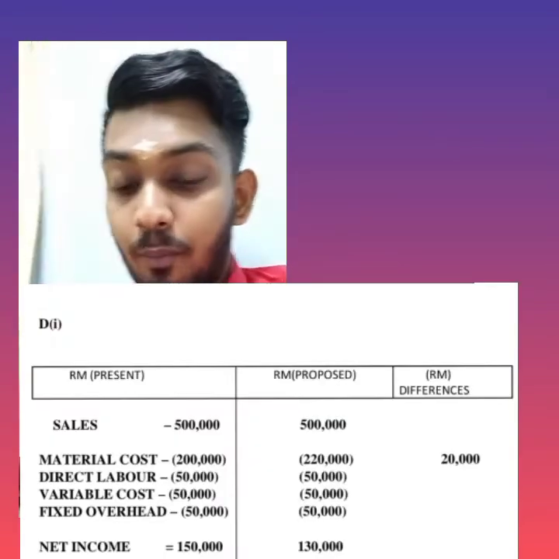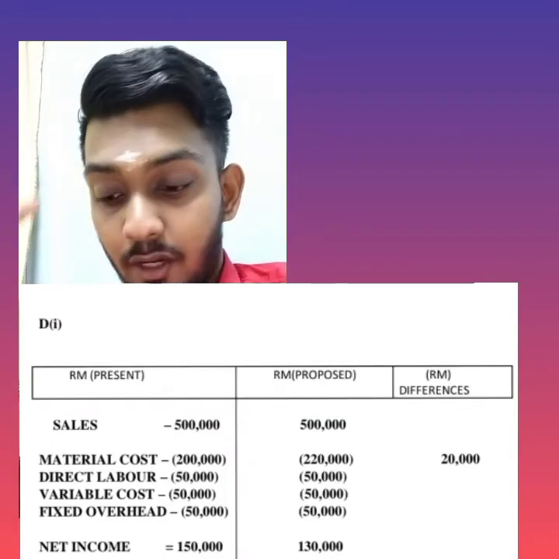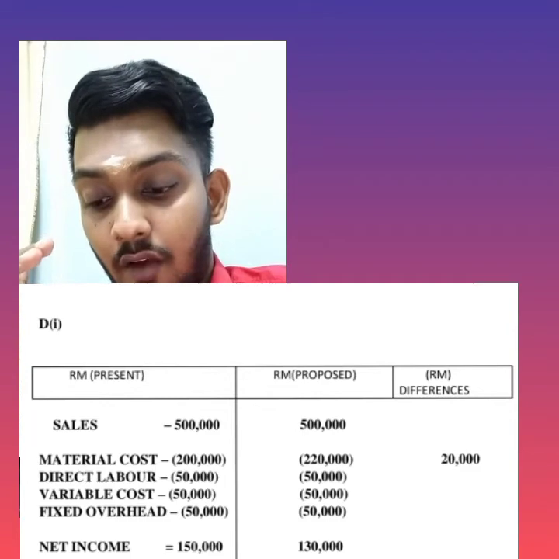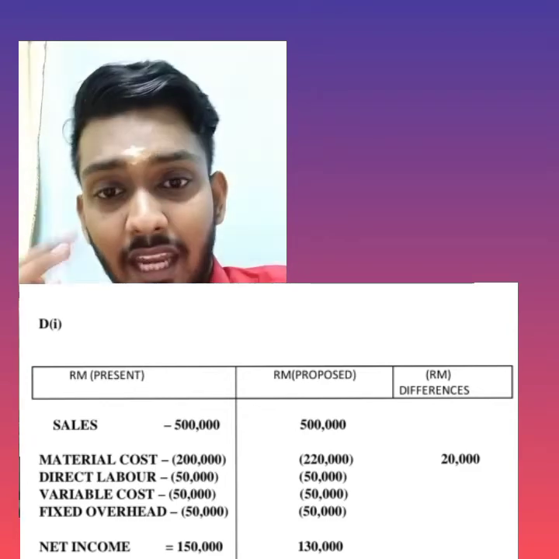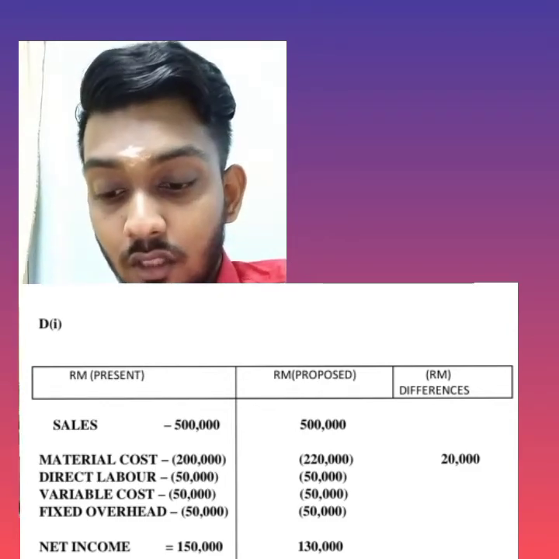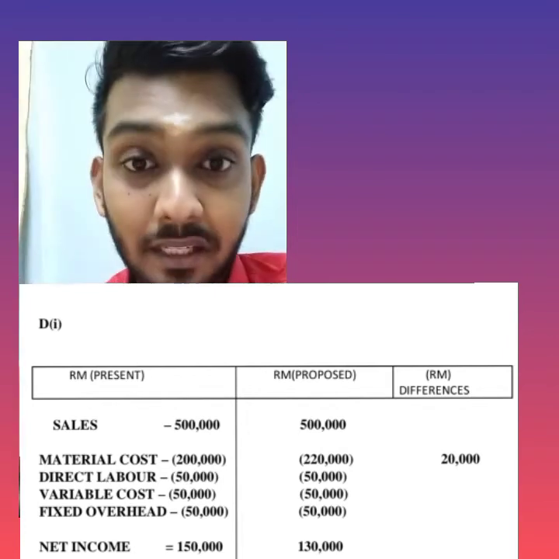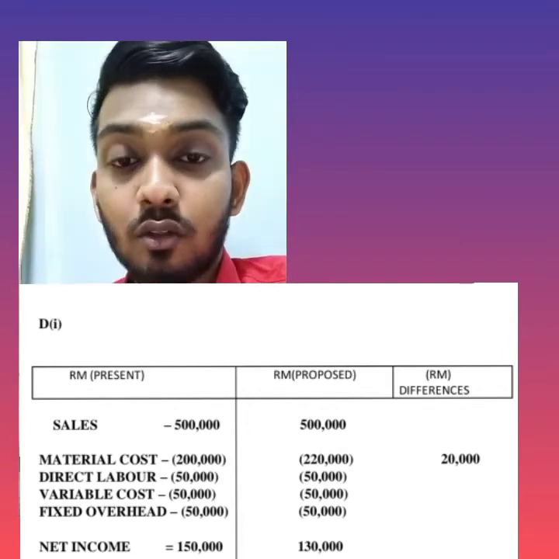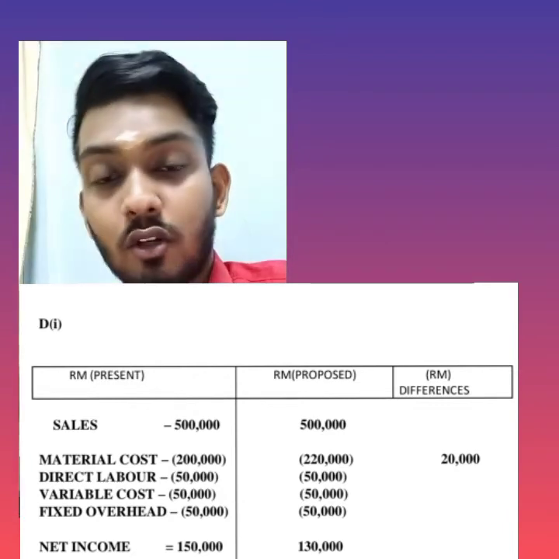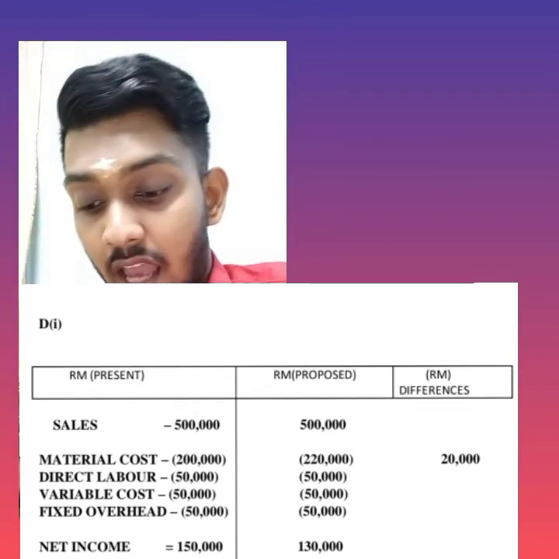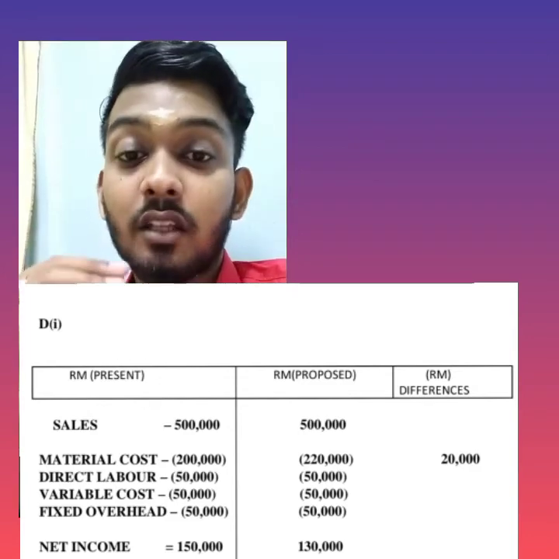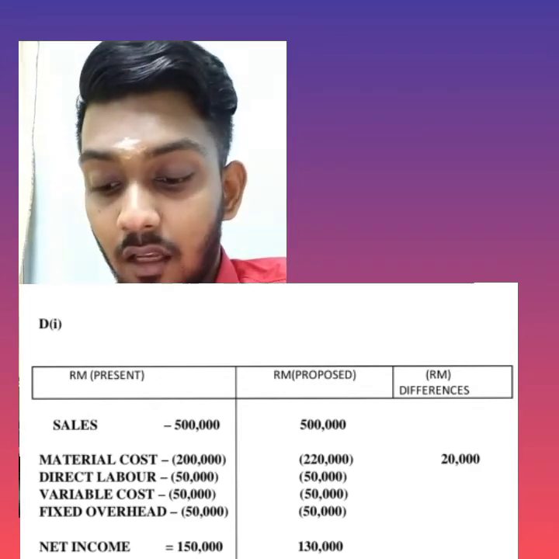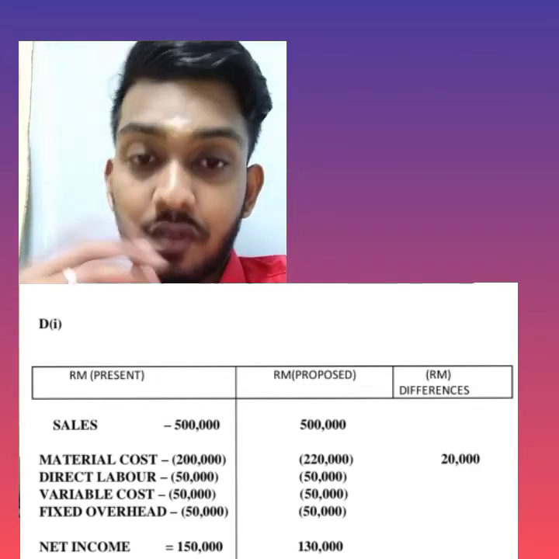So we put a table: sales, material cost, direct labor, variable cost, fixed overhead, net income. For the present, sales will be 500,000 ringgit, material cost 200,000 ringgit, variable cost 50,000 ringgit, fixed overhead 50,000 ringgit, and net income 150,000 ringgit.